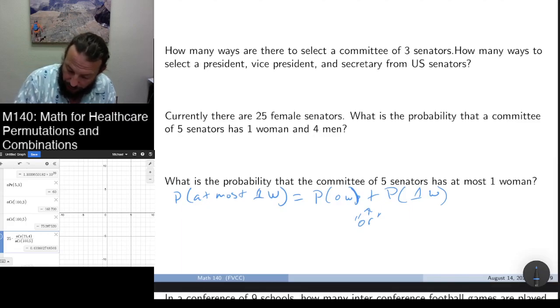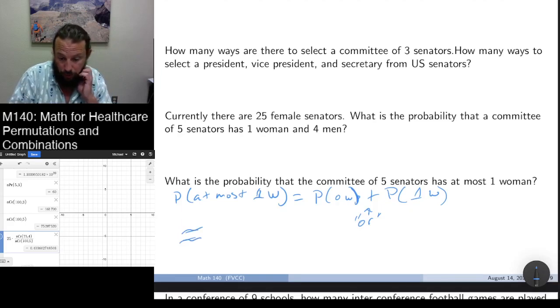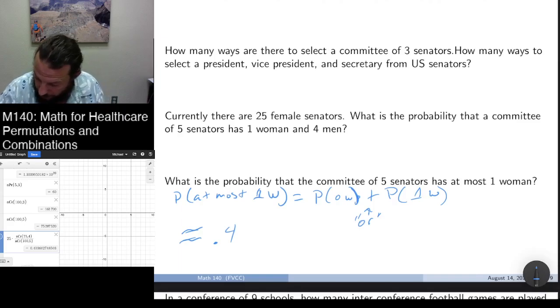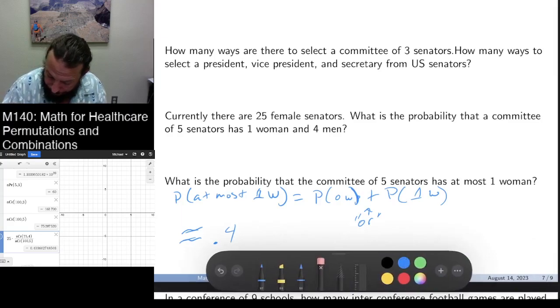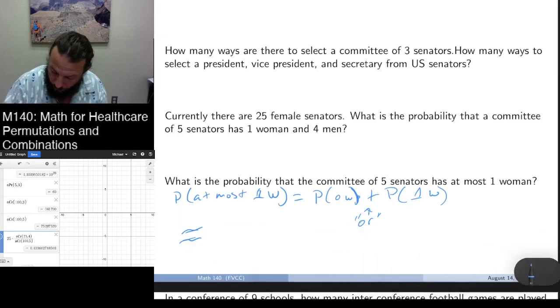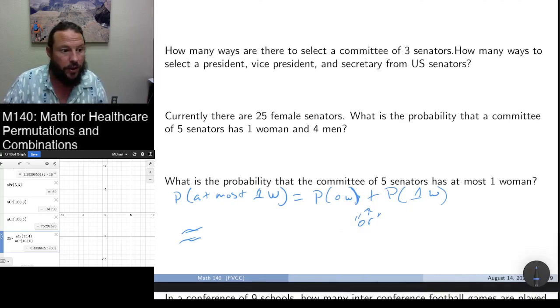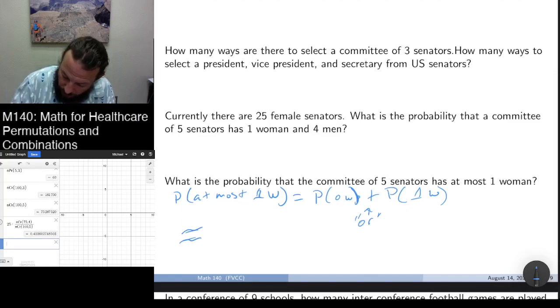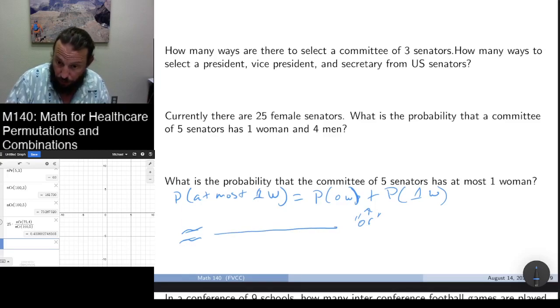All right, so when we do that, I already got the first one, right? We did that. One woman was 0.4. Well, maybe I'll write it in order. Sorry about that. So let's see, 0 women. Maybe I'm just going to write this as one fraction because they both have the same denominator, right? 100 choose 5.